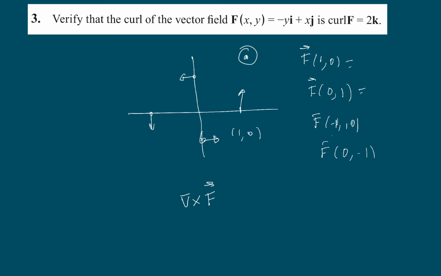And the tendency to rotate, we obtain by doing this calculation: i, j, k, partial derivative with respect to x, partial derivative with respect to y, partial derivative with respect to z, and the components minus y, plus x, 0.